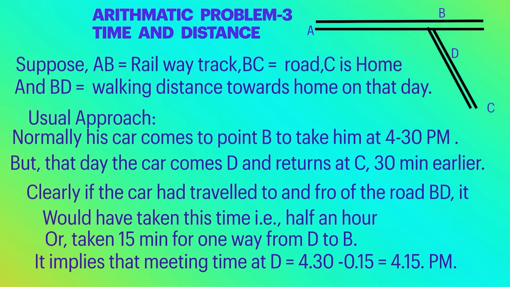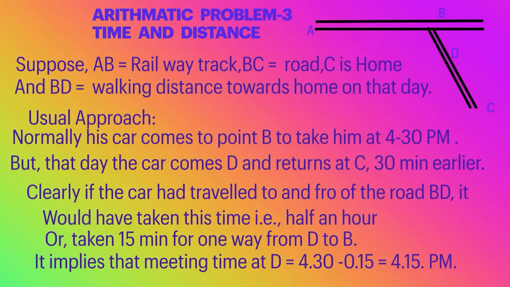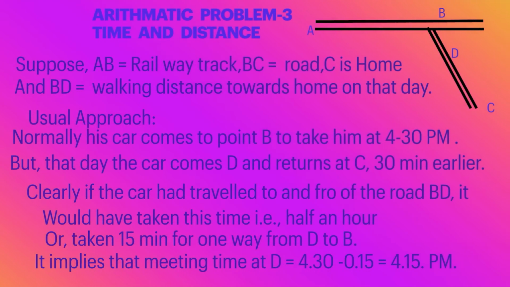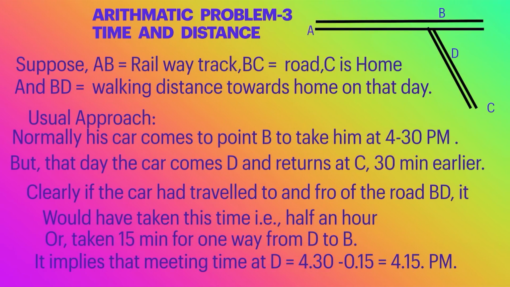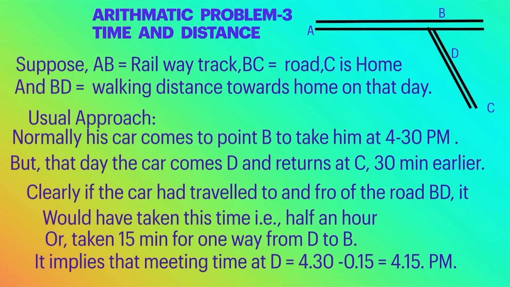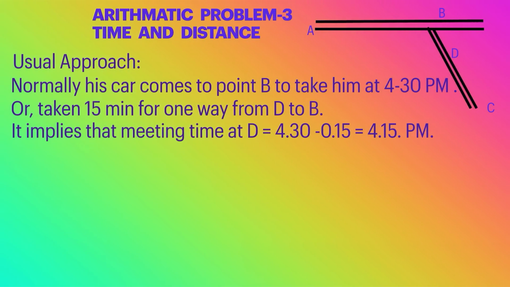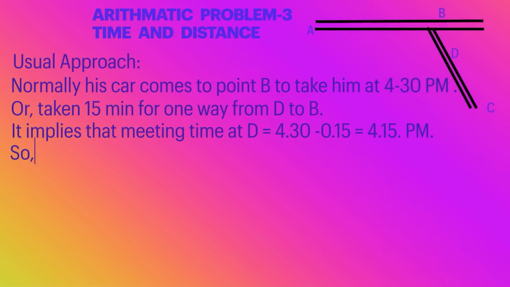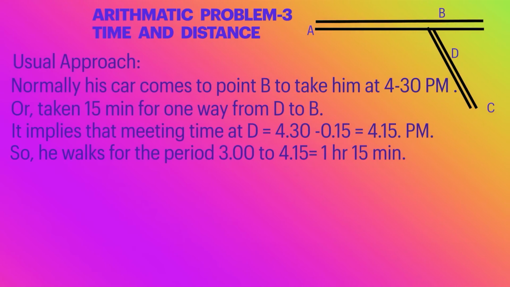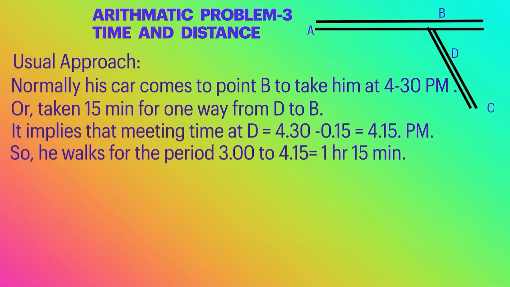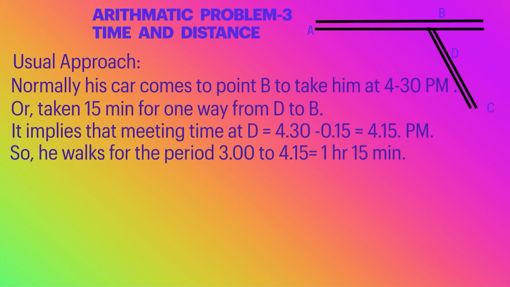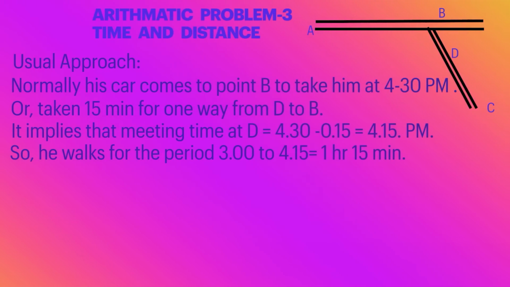So actually what happened on that special day is that the man met the car at the time 4:15 p.m. So the meeting time at D equals 4:15 p.m. So he walks for the period from 3 to 4:15, because it was told in the question that on that special day the man reached station B at 3 p.m. and then started walking towards D.